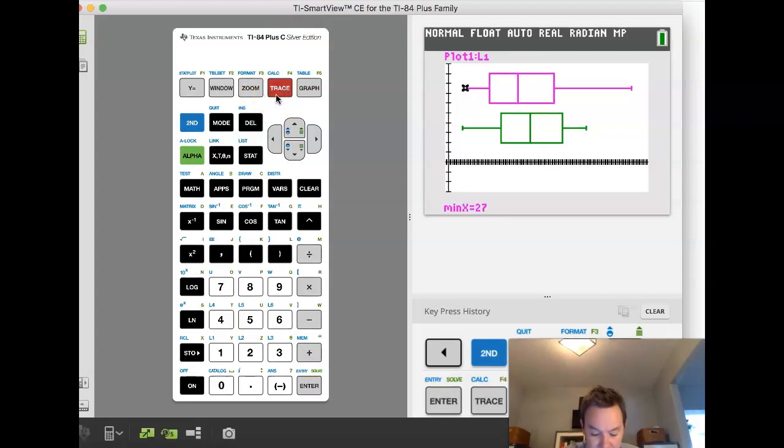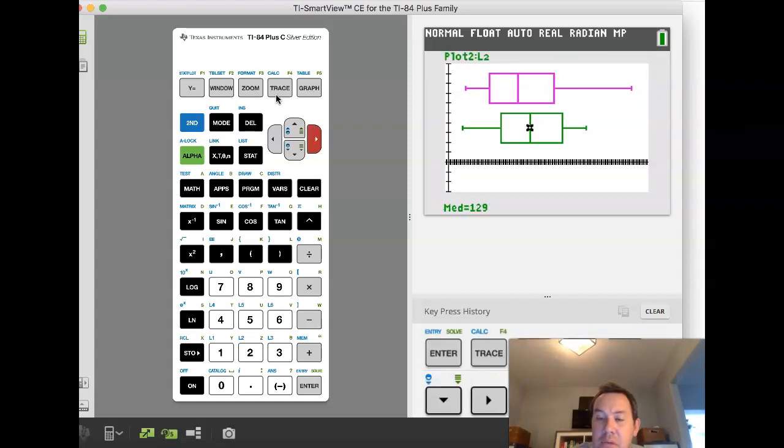Is that right? I believe so. Yeah, the magenta is the men, and the green is the women. And so you can kind of see the median and the quartiles, and we can do a comparison of those if we copy down these box plots.